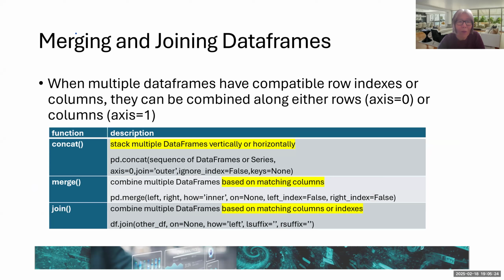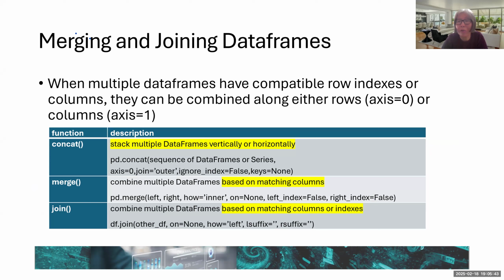And the second concept and example we are going to go over today is about merging, concatenating, and joining multiple data frames together, because that's used a lot in the real world.